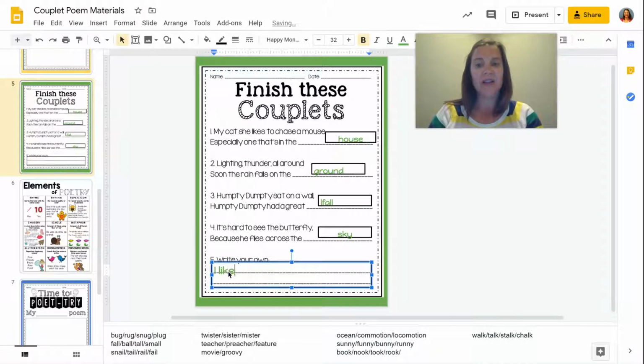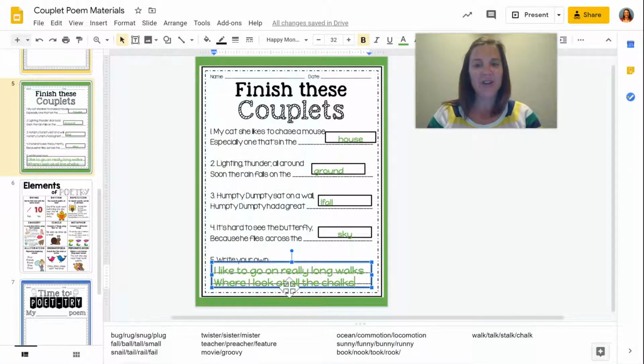I like to go on really long walks where I look at all the chalks. That doesn't sound great.